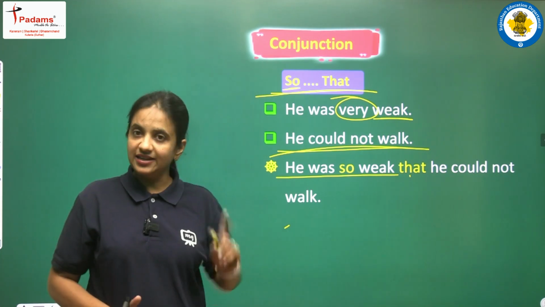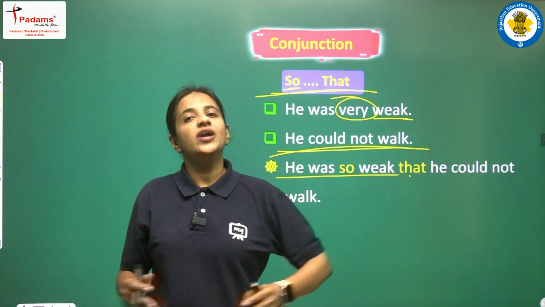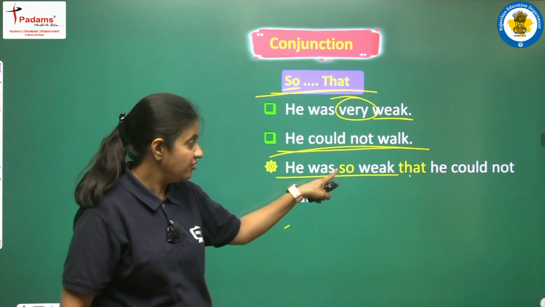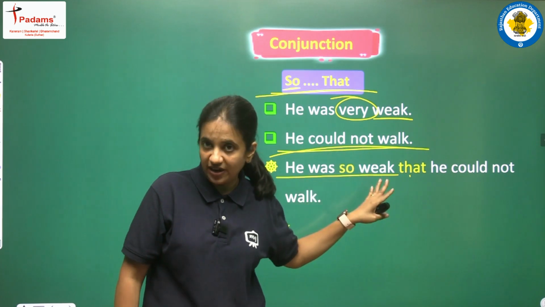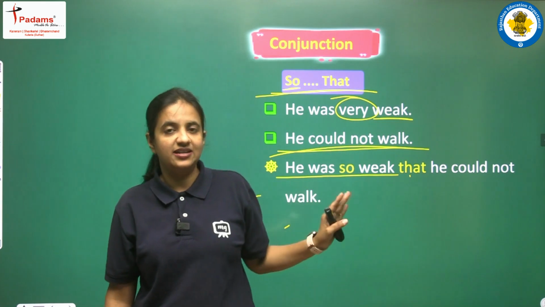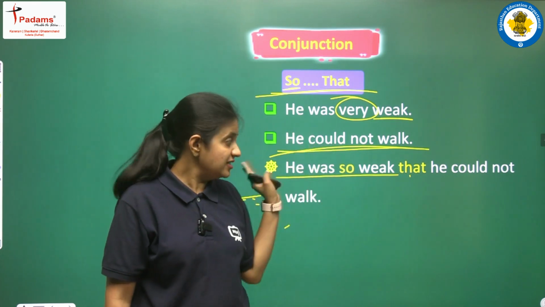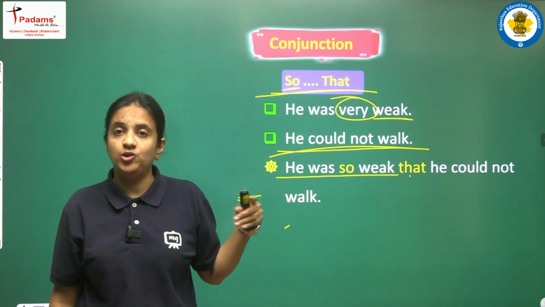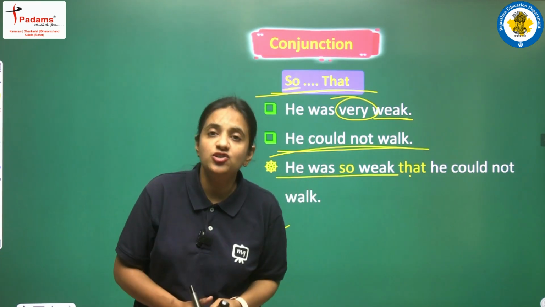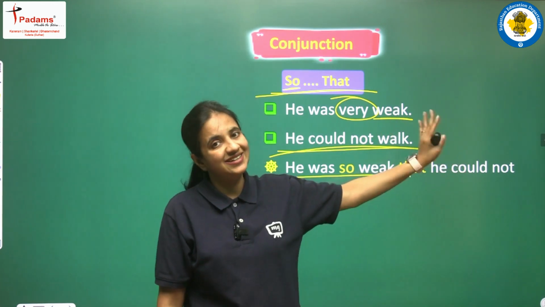One thing is clear, I hope you all can observe that with the help of so we indicate an adjective, and after that we write the sentence that shows the result. In this manner we express that he was so weak, he had very much weakness, and because of that he was not able to walk. So this is the result.